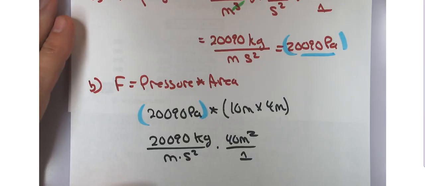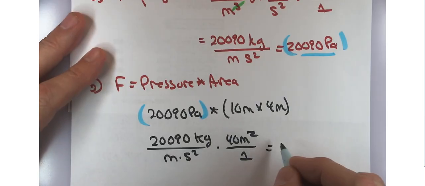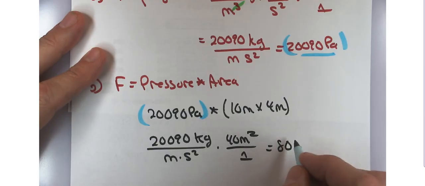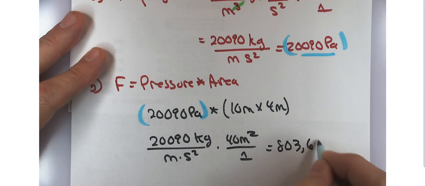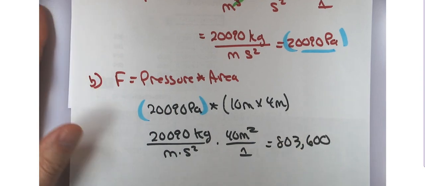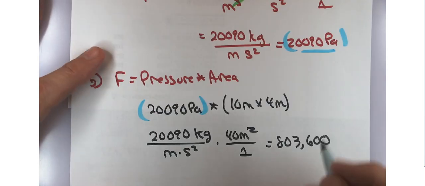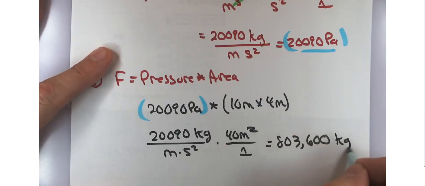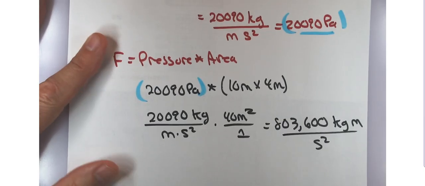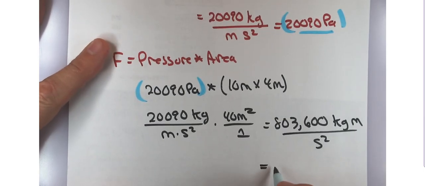So it's going to be 803,600. And then the units are going to be kilogram meters per second squared. Kilogram meters per second squared, that's a Newton.